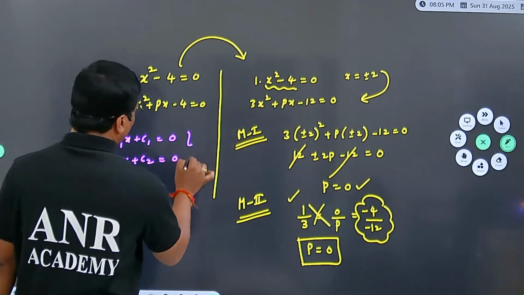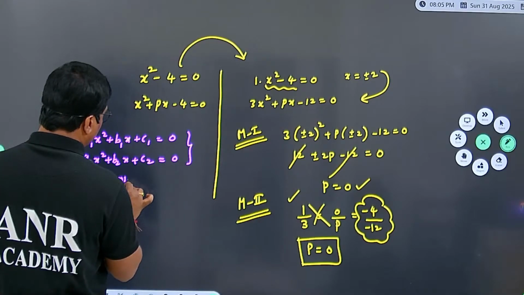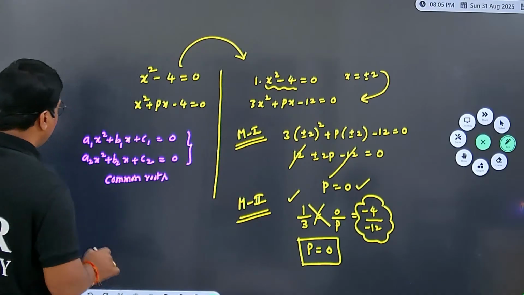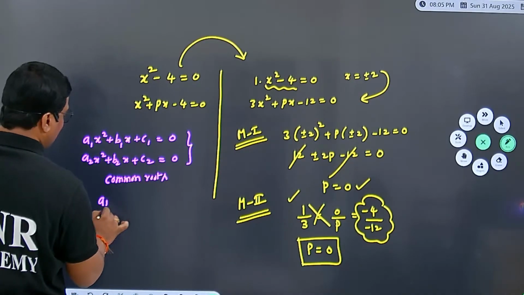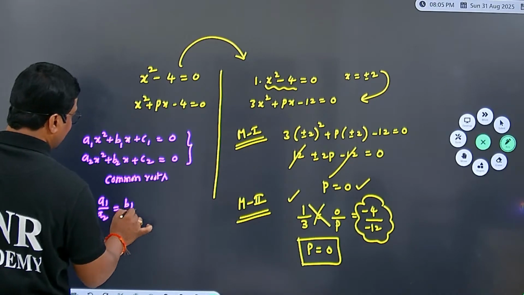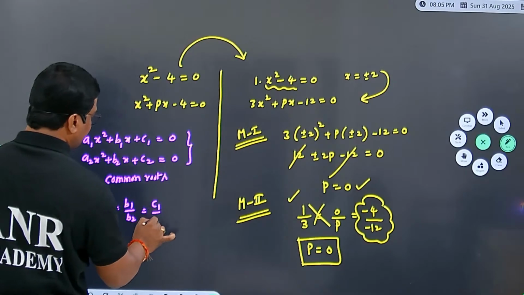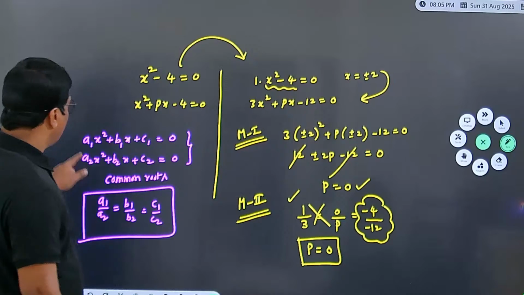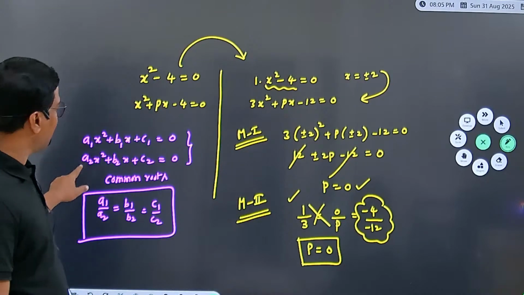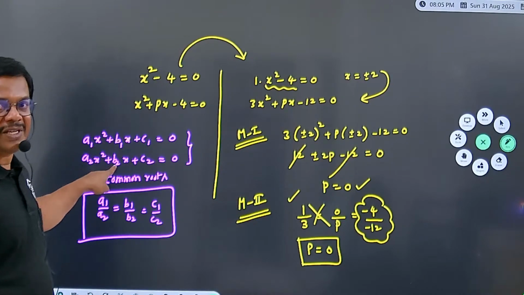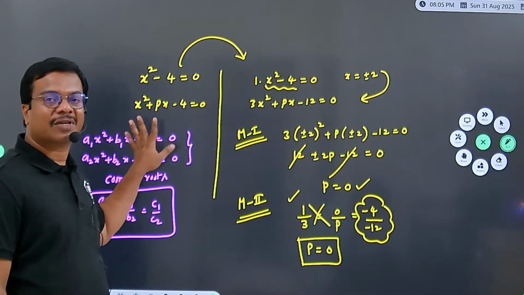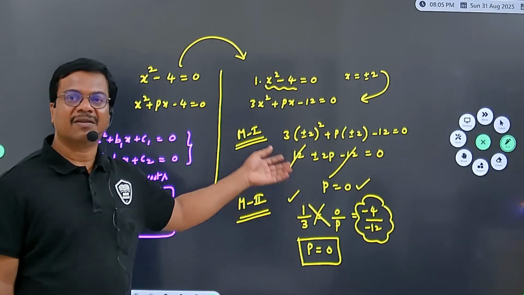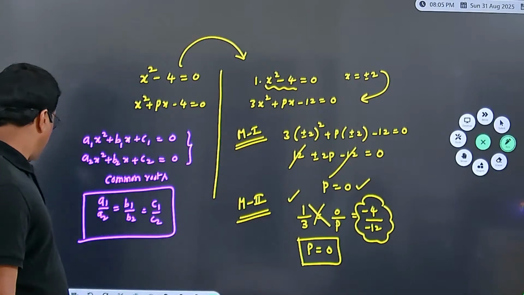If they have common roots, both the roots are common, then follow this method: a1 by a2 equal to b1 by b2 equal to c1 by c2. The ratio of coefficients of x square equals the ratio of coefficients of x equals the ratio of constants. Using this property, we can also find the result. Let us move to the next one.